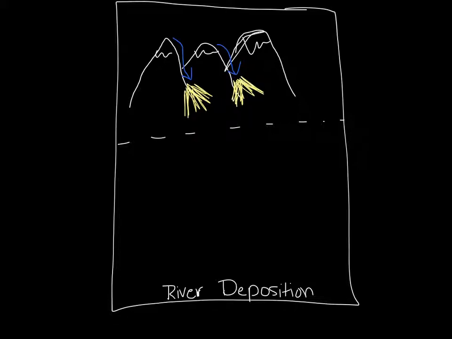And these sediments are called, or these depositions right here and right here are called alluvial fans. Okay, so that's an alluvial fan. It's when sediment is deposited at the base of mountain ranges.